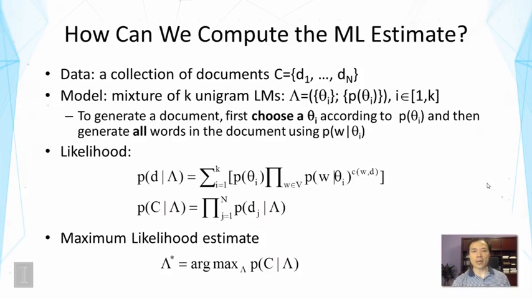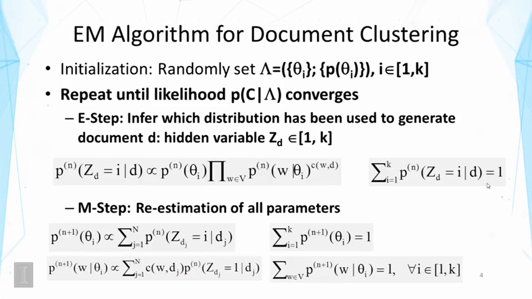Now, as in most cases, the EM algorithm can be used to solve this problem for mixture models. So here's the detail of this EM algorithm for document clustering. Now, if you have understood how the EM algorithm works for topic models like PLSA, I think here it will be very similar.